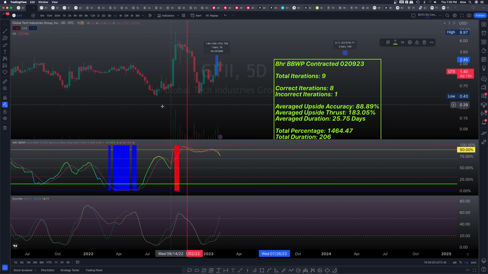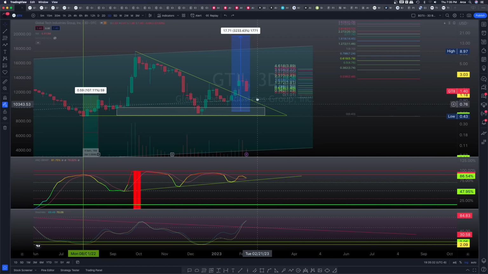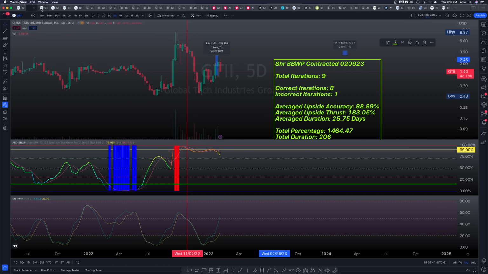Please remember that the natural ebb and flow of the markets is always going to be up and down, okay? So the larger the upside, the bigger the percentage. The bigger the upside that we're looking at, the larger the swings are going to be. So this is where we really have to buckle down and expect a rough ride.